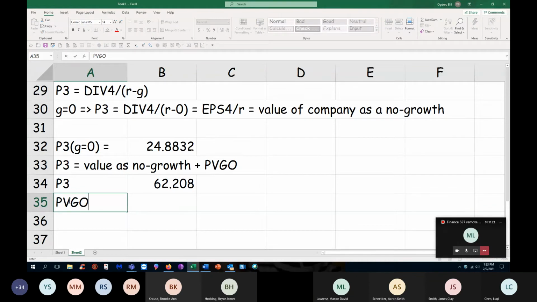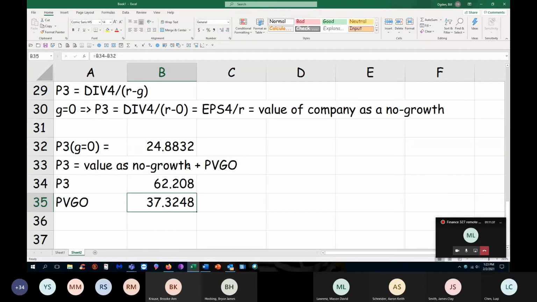Well, you might say to yourself, it can't be that easy. Yes, it is. It's just the difference. So the growth opportunities at the end of year 3 have increased the value of this company by 3732. All right.